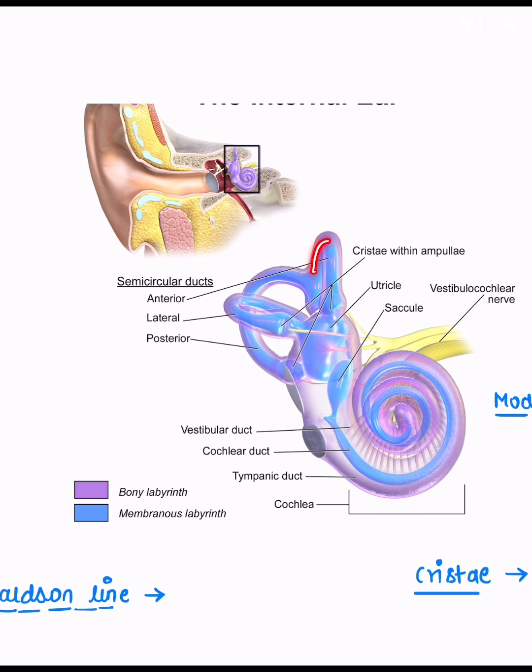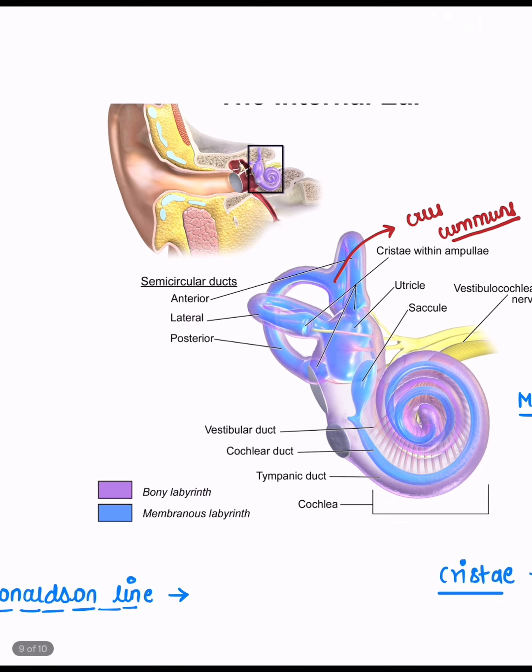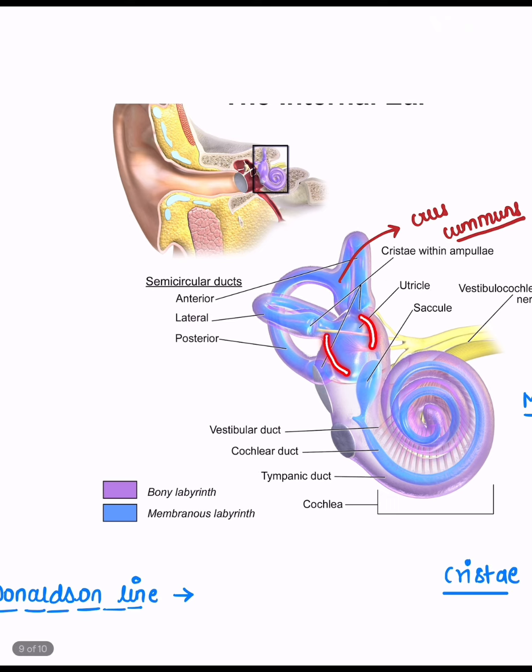The superior and posterior semicircular canals have a common opening known as pars communis. Next are the utricle and saccule, and then comes the cochlea.